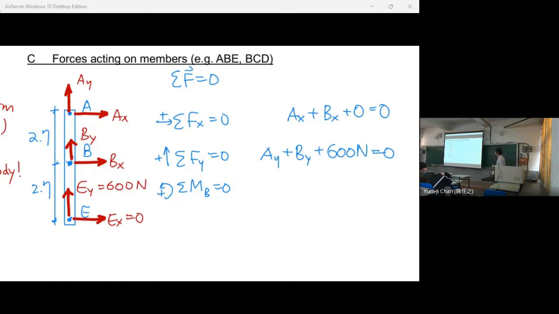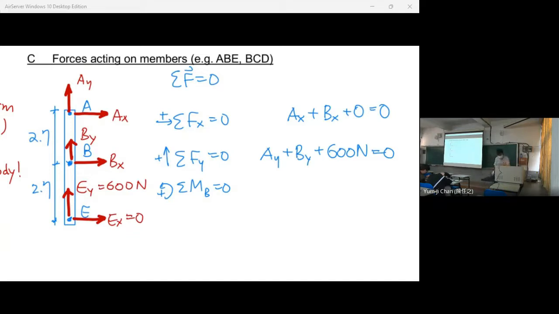And for summation Mp equal to 0, we take point P as the reference, and for this one we don't need to consider the moment, and this one we do not need to calculate the moment. And this one is equal to 0, so we do not need to calculate the moment, and we only have this one.